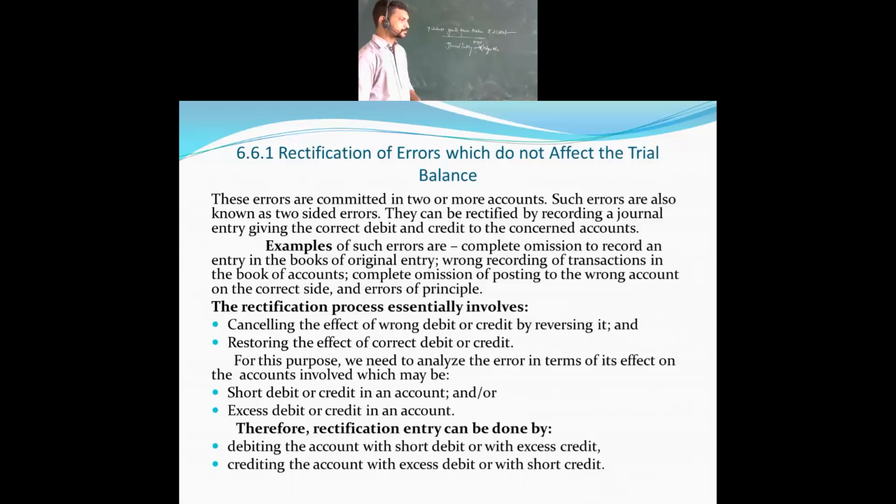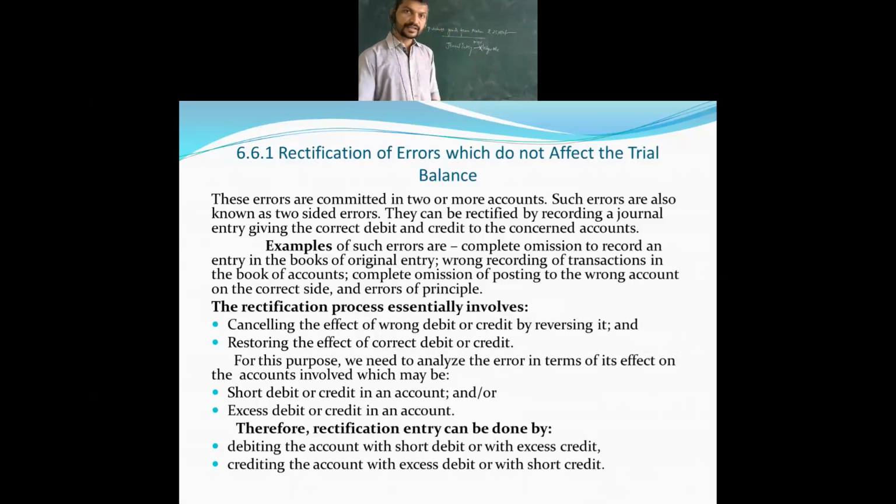So first thing, cancelling the effect of the wrong debit or credit by reversing it. See, when you make a purchase, you have to debit it. When sales are made, the amount which you receive should be credited only. So how can you rectify it?